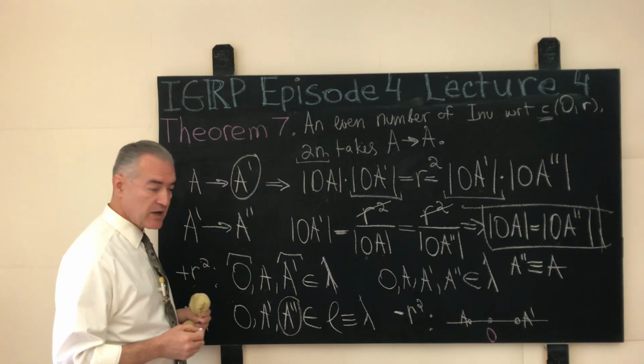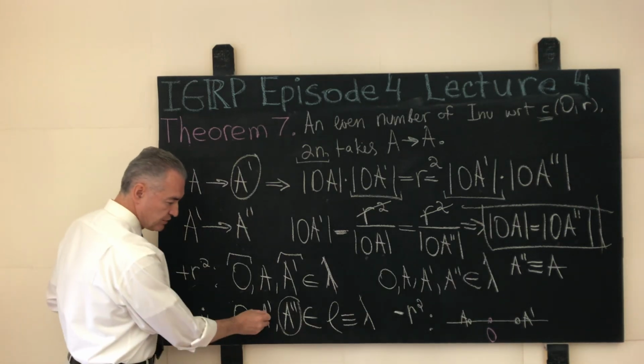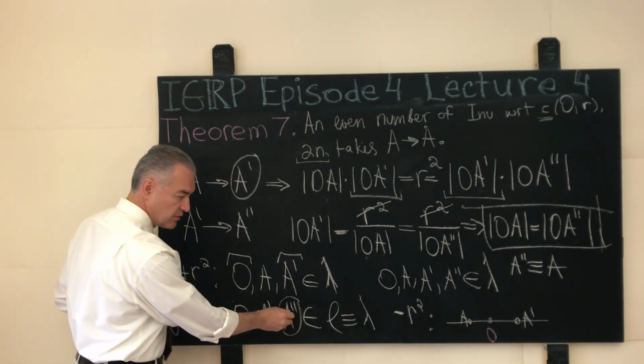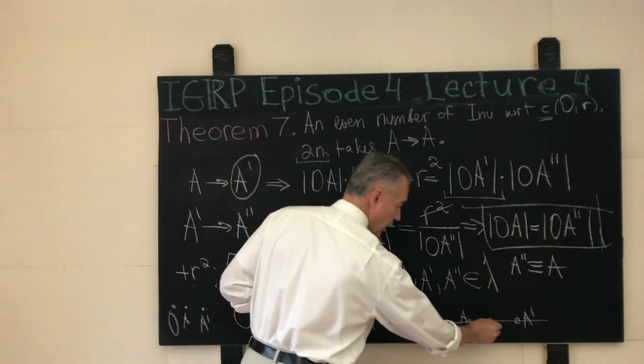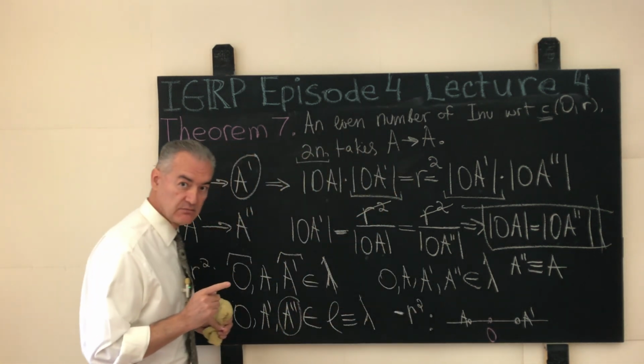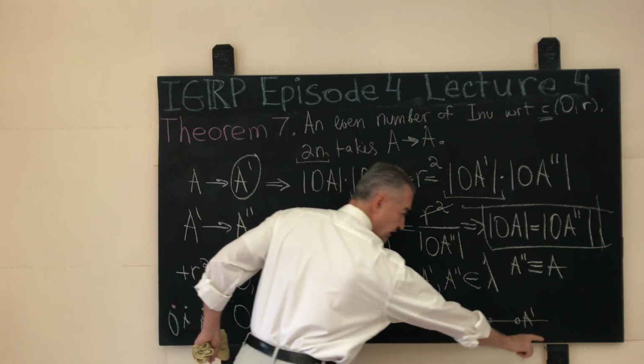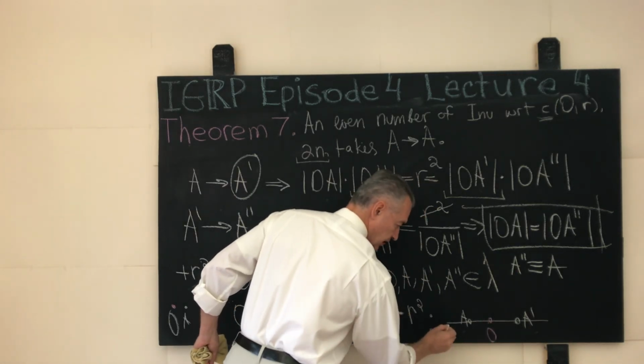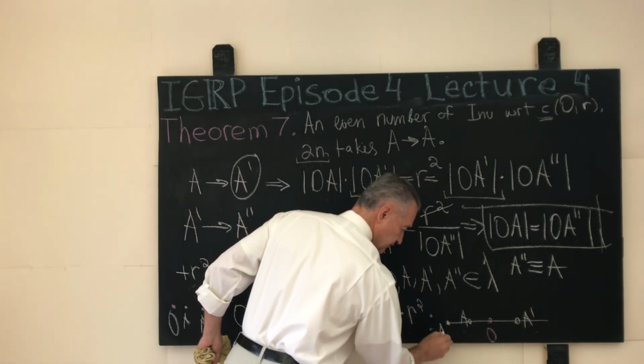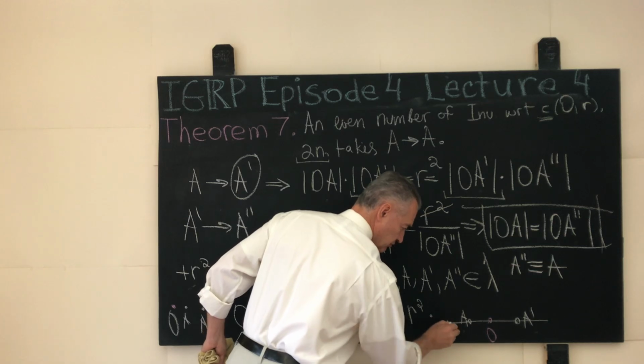Same exact requirement must apply to the points A prime and A prime prime. The center of inversion O must be in between the points A prime and A prime prime. So somewhere here, there must be a point A prime prime.